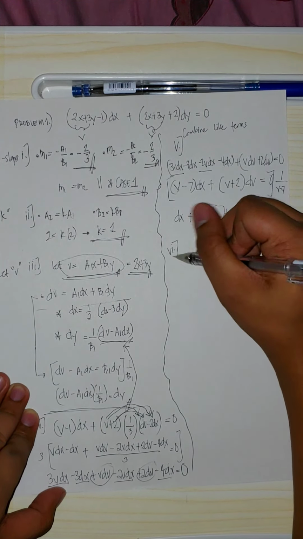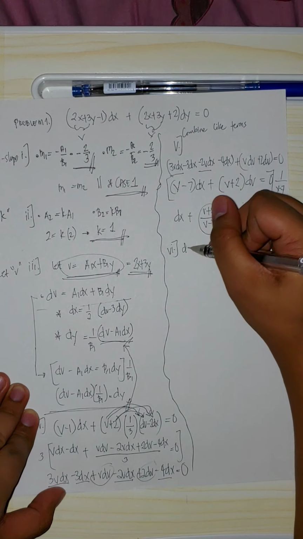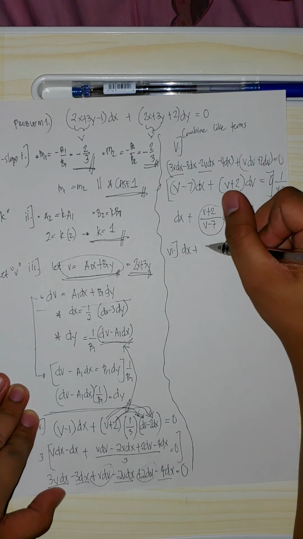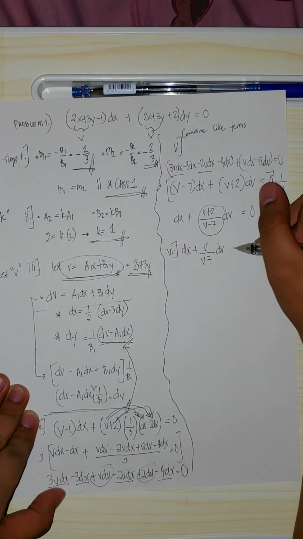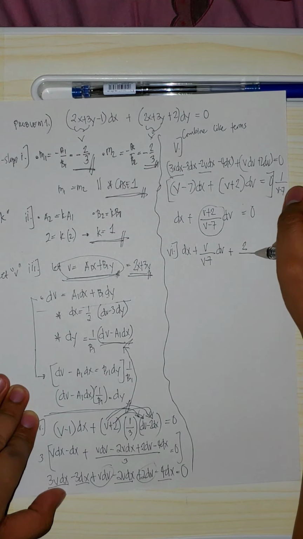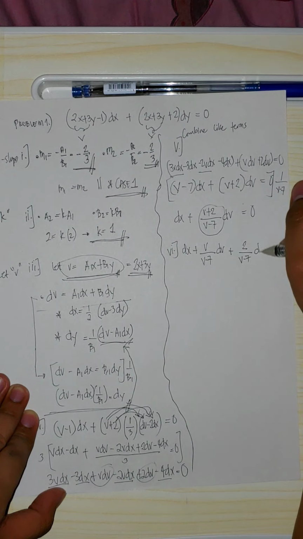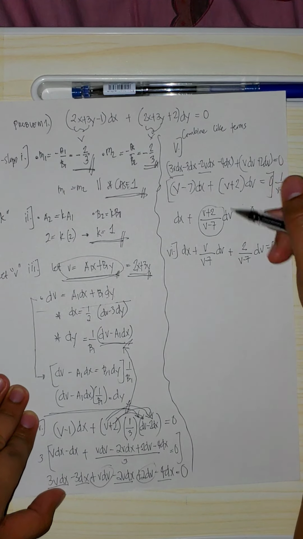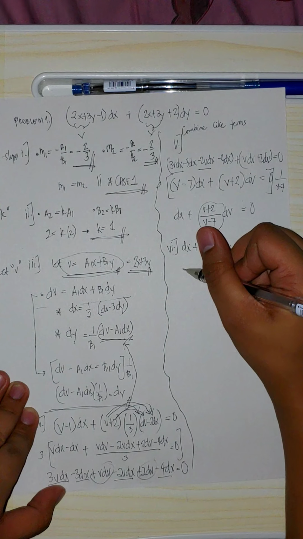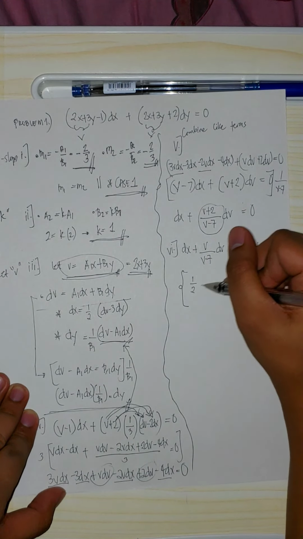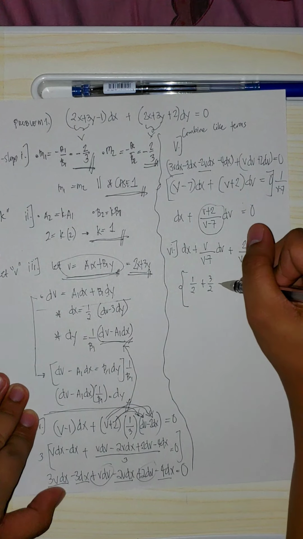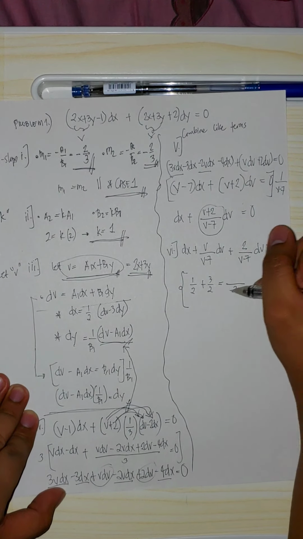We can bungkag this one. So we have dx plus v over v minus 7 dv plus 2 over v minus 7 dv equals to 0. Nganong nabungkag na? Kiunsa man na siya? Mura ragod na siya og 1/2 plus 3/2, kung iusa na ni mong denominator.